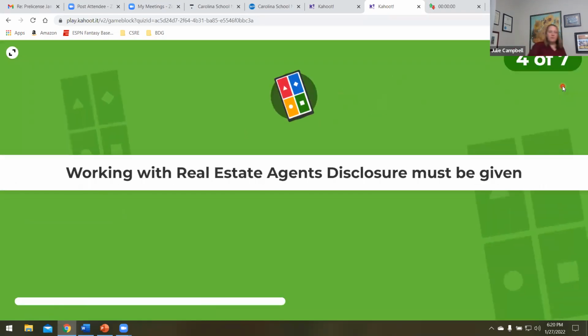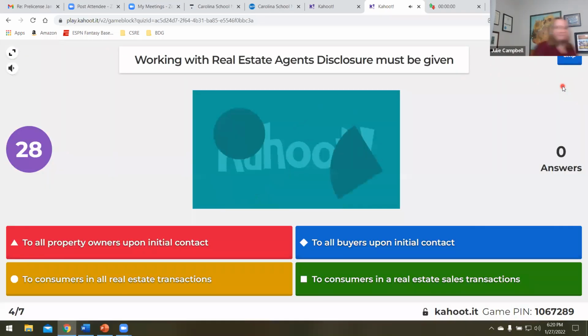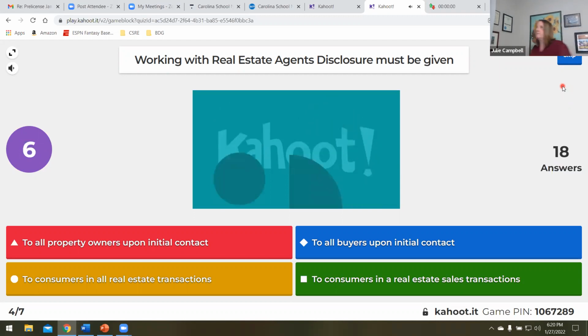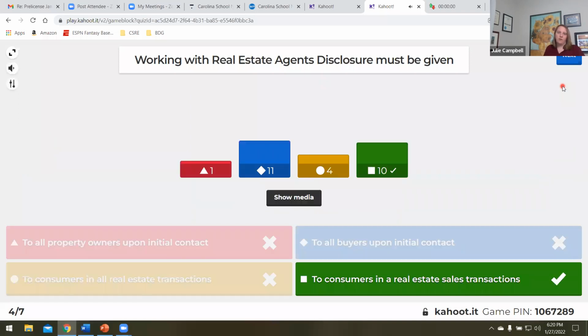Question number 4: working with real estate agent disclosure must be given to consumers in real estate sales transactions.